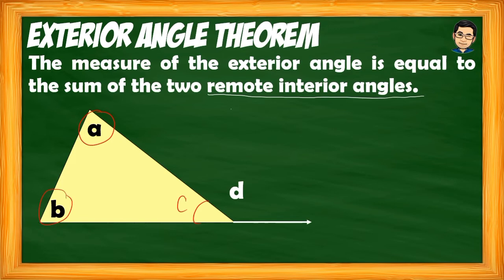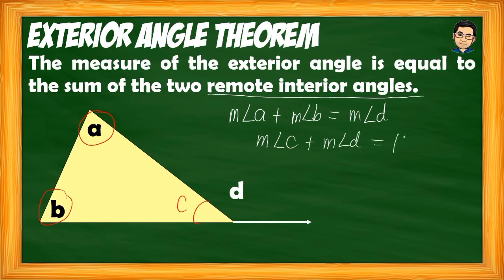The measure of angle A plus the measure of angle B is equal to the measure of angle D. And then, what if angle B tsaka angle D ang given? Is it possible for us to get the measure of angle A? Yes po. Just simply subtract. And then, the measure of angle C, dagdag ko na lang, and the measure of angle D is equal to 180 degrees. It's because they form a linear pair.